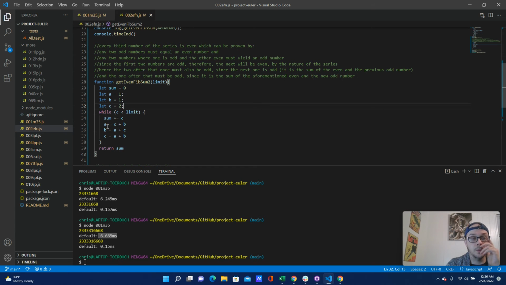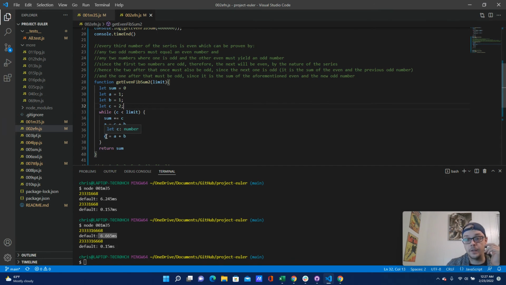Because when we go through, we set A as the number that comes after C, B as the number that comes after that new A value, and then we set C as the number that comes after that B value. So A starts out odd, B starts out odd, C must be even. A, the number to come after C, has to be odd. B comes after A, has to be odd.